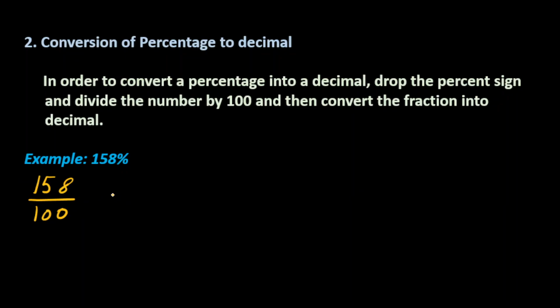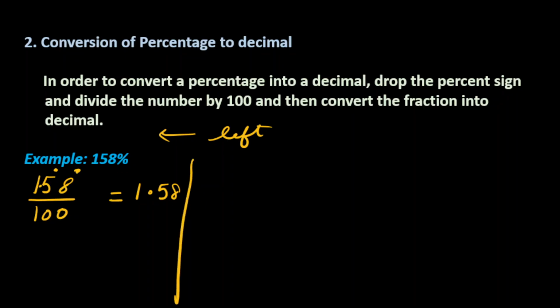Now decimal will move towards left. From right side I have to start counting up to two places, because two zeros are there. So 1, 2, so that means this is 1.58. After 2 here I have to put the decimal.